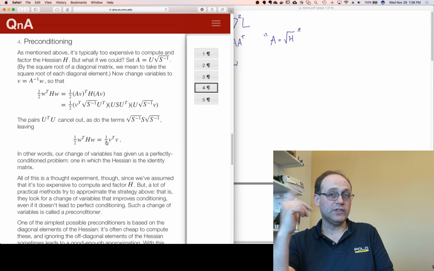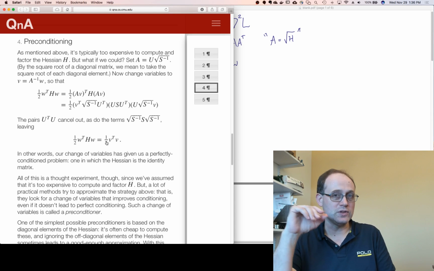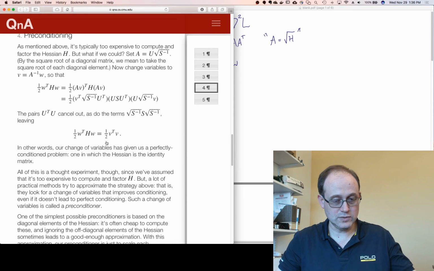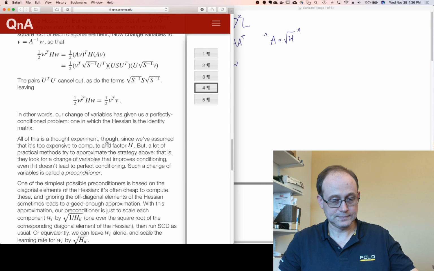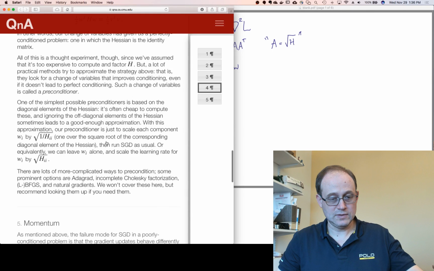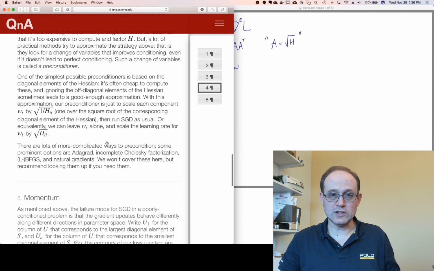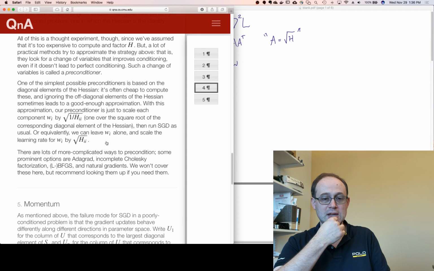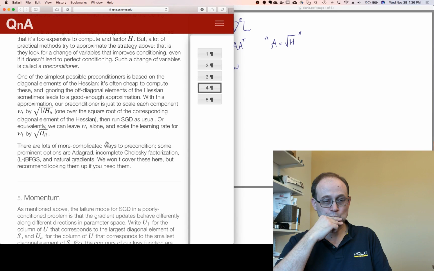What it suggests is that we should make a change of variables with something near the square root of the Hessian, some simpler approximation to it. That strategy is called preconditioning: just doing a change of variables with a matrix that's somehow near the Hessian.